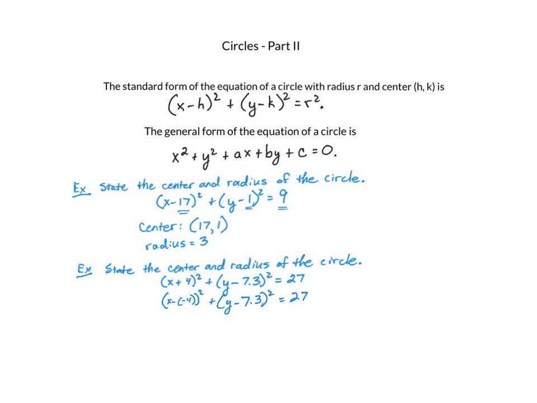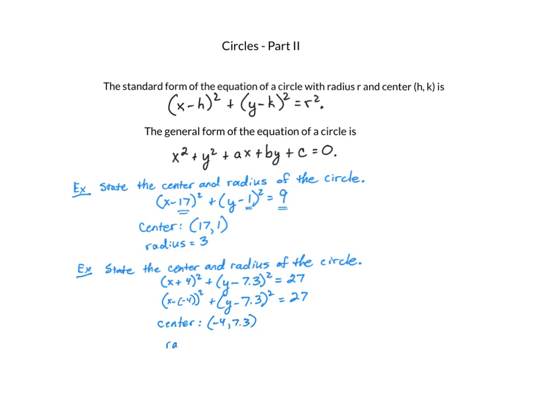So we see that the x coordinate of the center is negative 4. So if it's in standard form, we'll take the opposite of the number that we see right here. So it was negative 4, comma, positive 7.3.